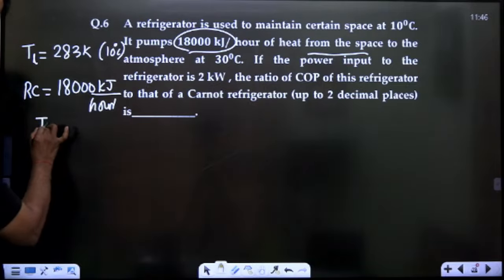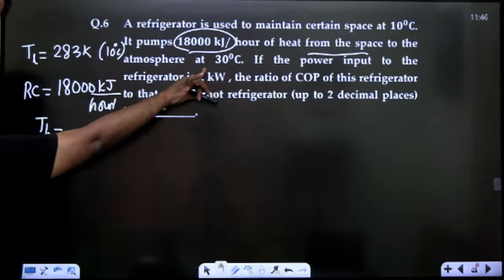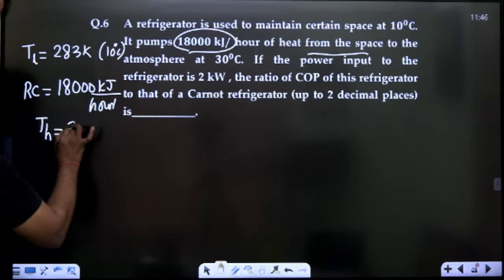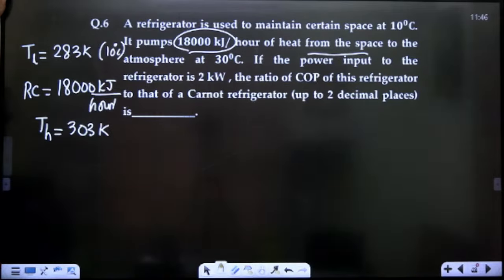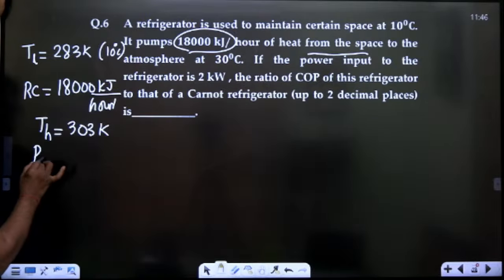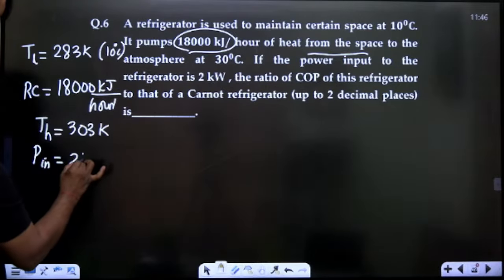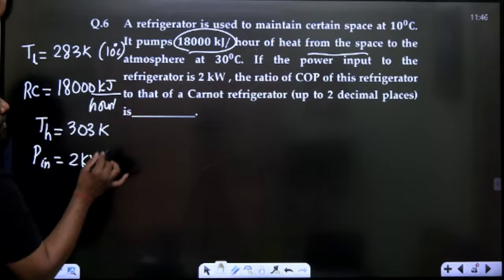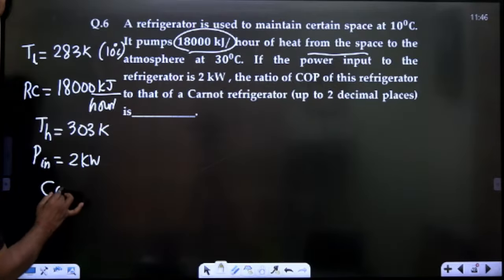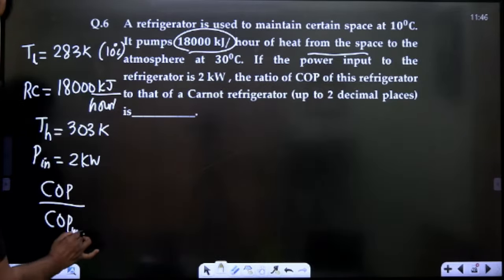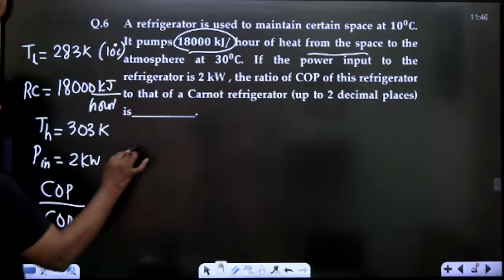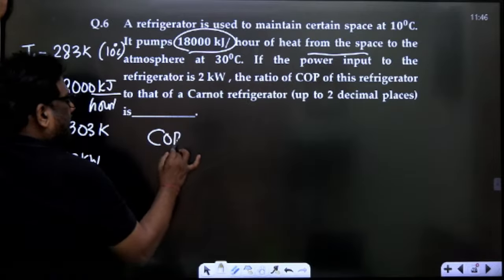the higher temperature is 30 degree centigrade, 273 plus 30 is 303 Kelvin. ठीक है सर. Okay, the power input is 2 kilowatt, the ratio of COP of this refrigerator to the Carnot COP, it means maximum. कैसे करेंगे सर? आराम से the actual COP calculate करेंगे सर.